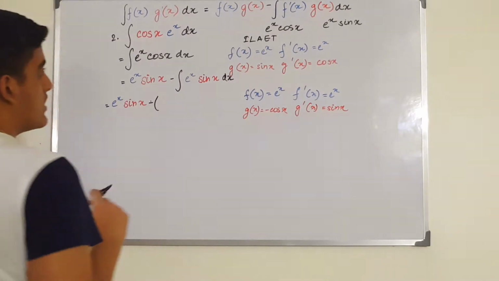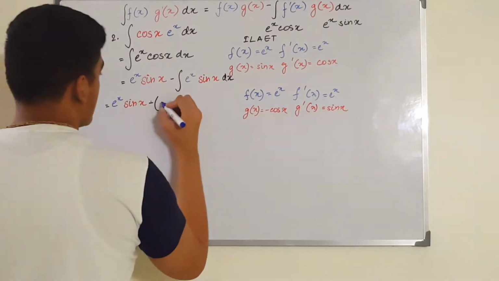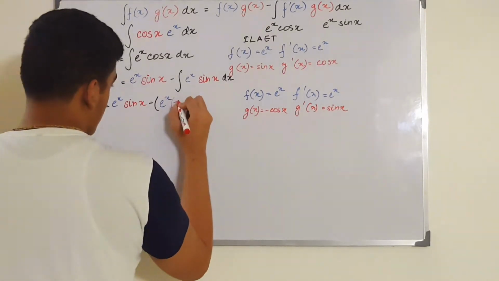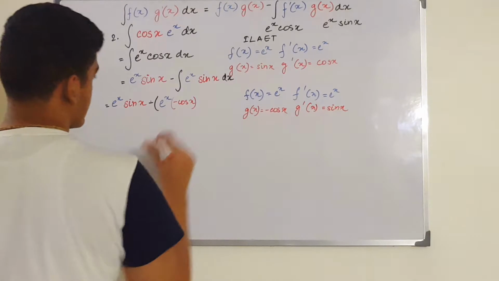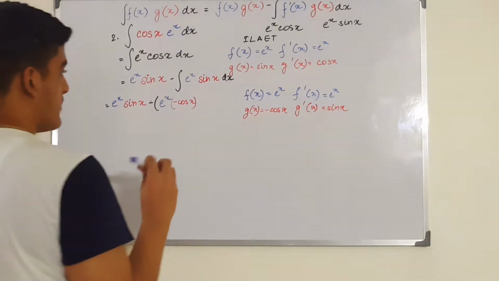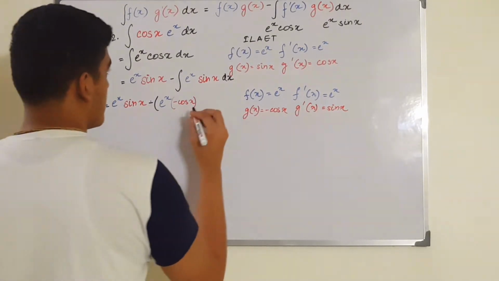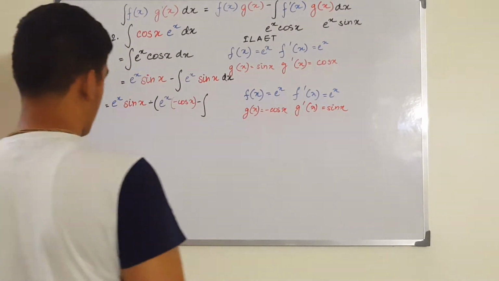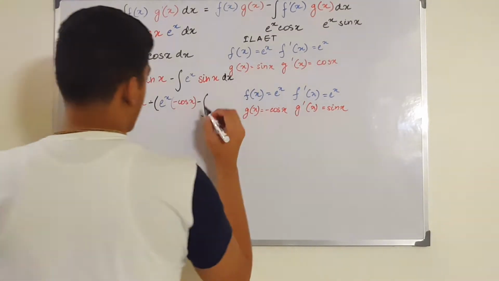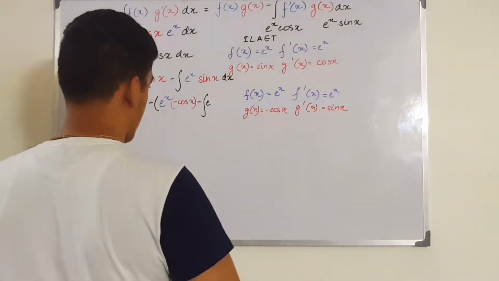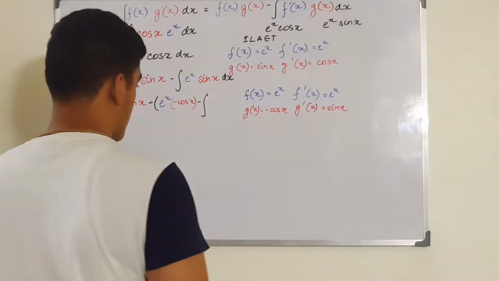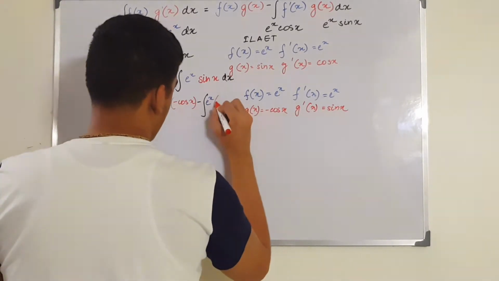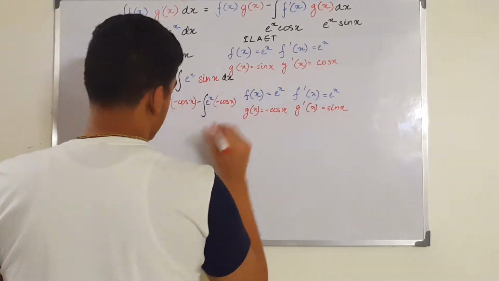I will change it in the next step. e to the power x multiplied with minus cos x, minus the integration of e to the power x minus cos x dx.